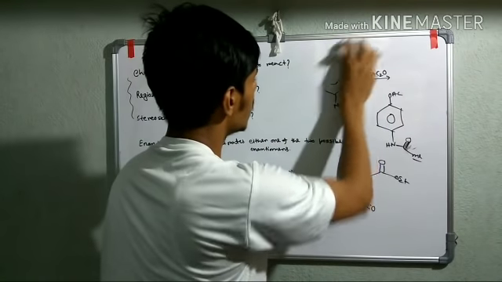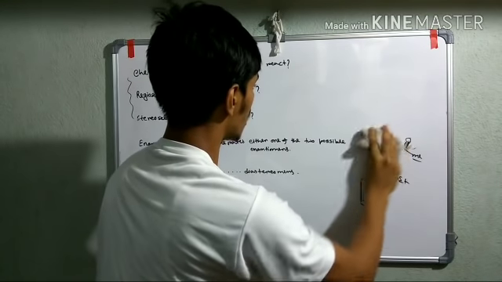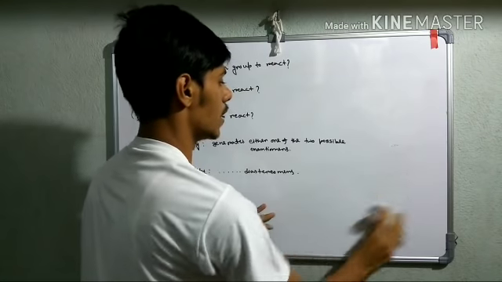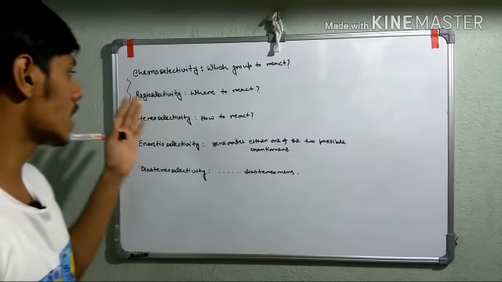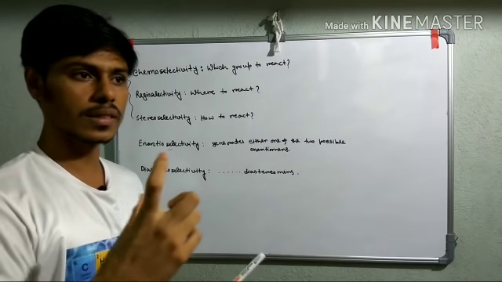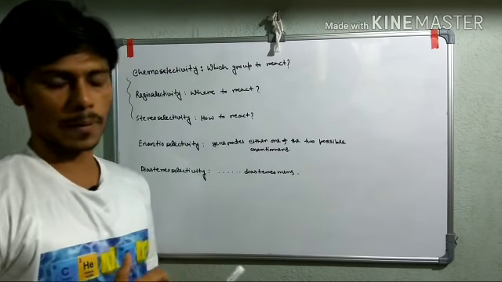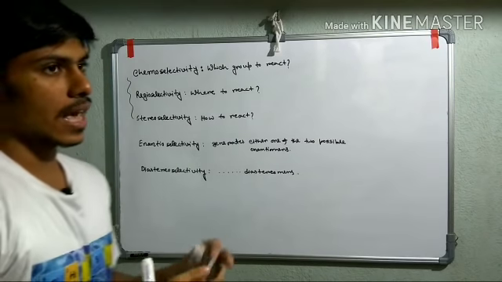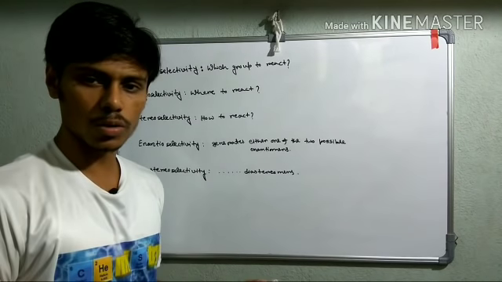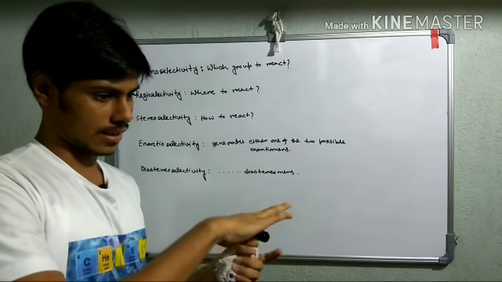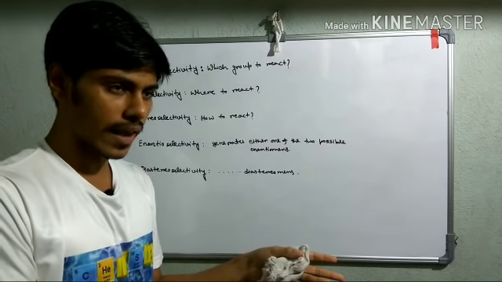Then after that, the term which comes is regioselectivity. The name itself implies that it deals with the region or the reaction center of a particular molecule. Let's say you have only one functional group in your molecule, but the centers which can undergo the reaction are different.